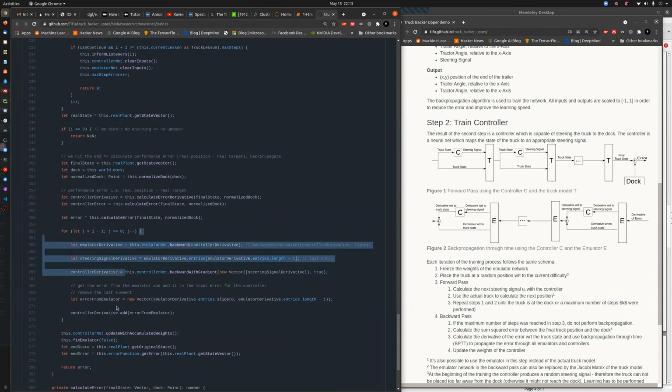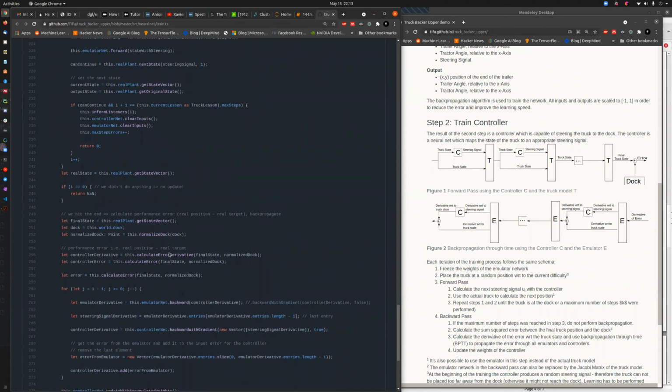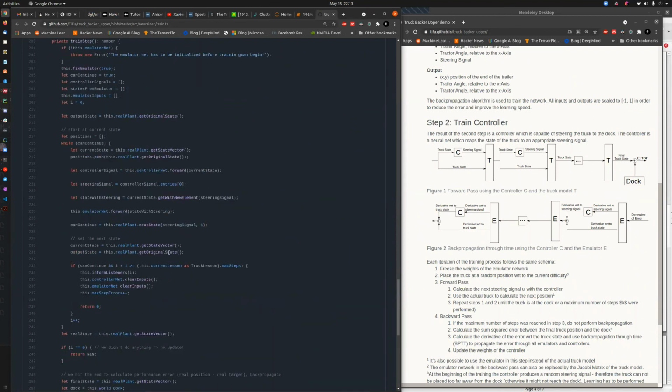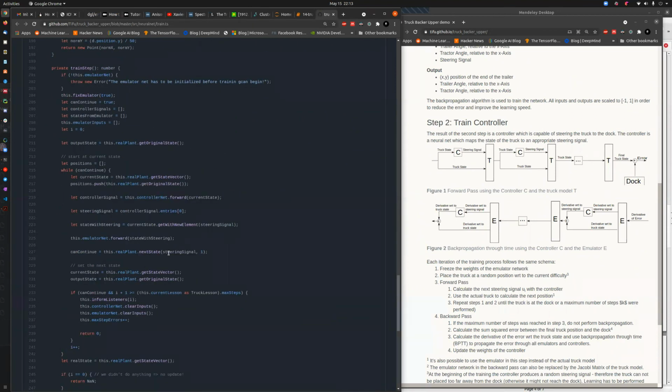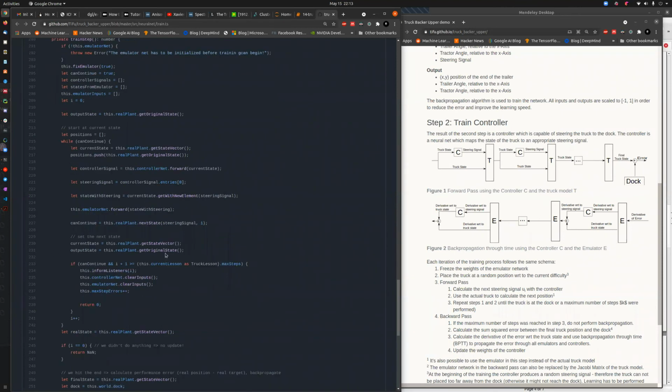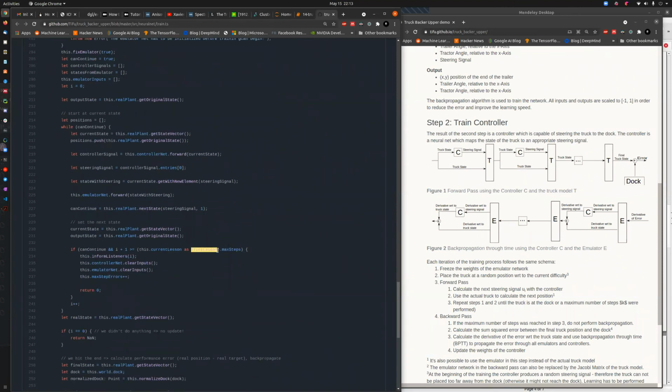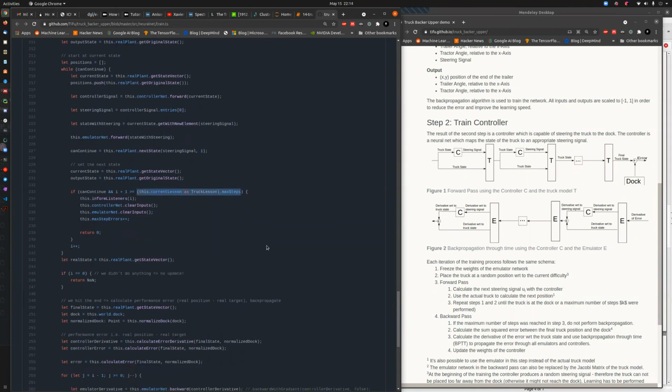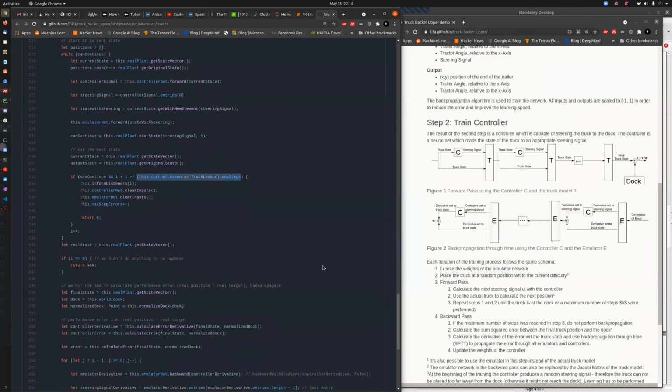So that's iterating through the steps. I think here i represents the number of states, the max time steps. So that's what is going on here.